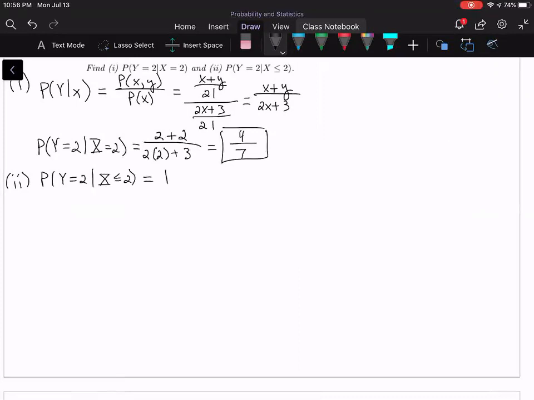By definition, this is the probability that y is 2 and x is less than or equal to 2, over the probability that x is less than or equal to 2.